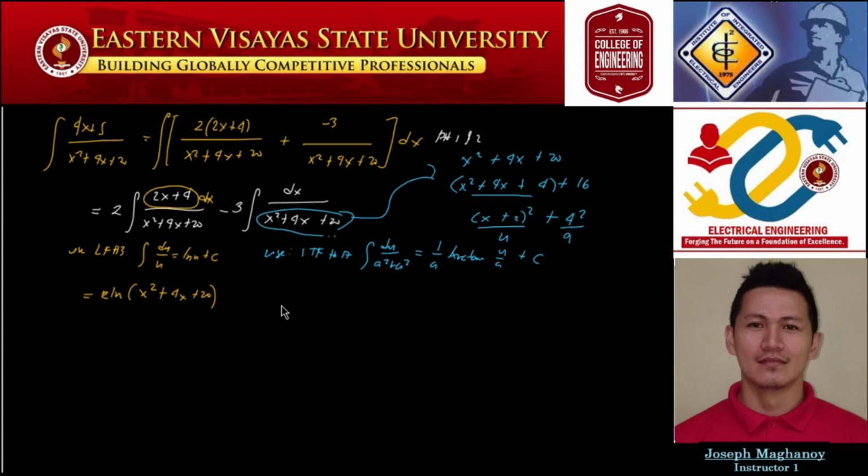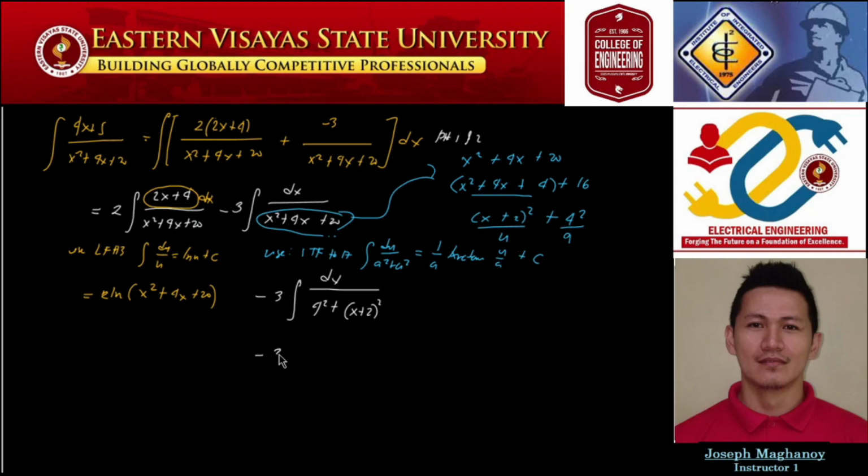So rewriting the second term, that's equal to negative 3 integral dx all over our factored terms. So we can say that this is 4 squared plus x plus 2 squared. So you have your u and your a. So you can use it right away.